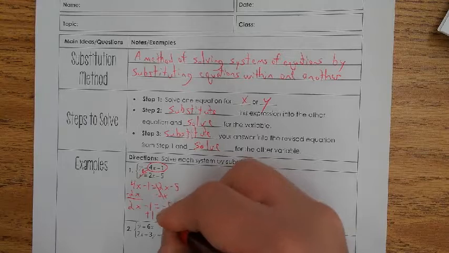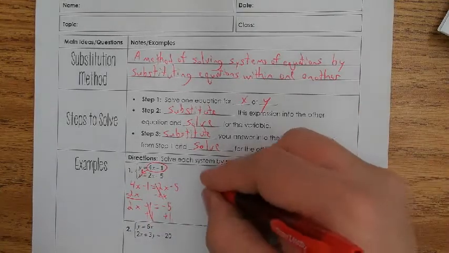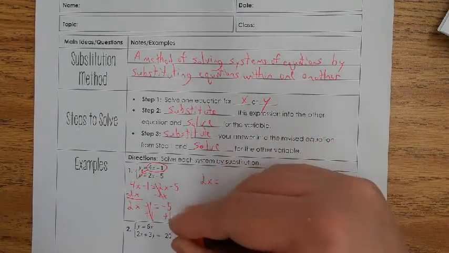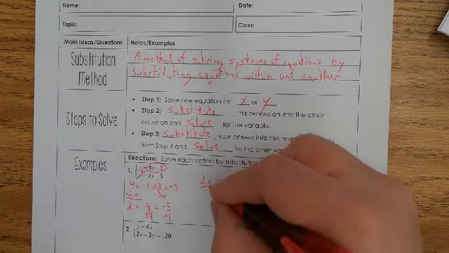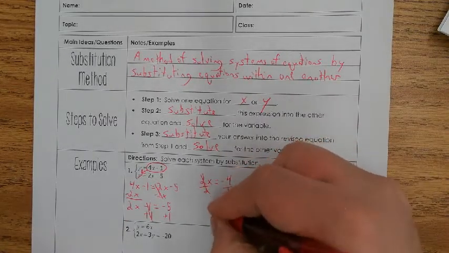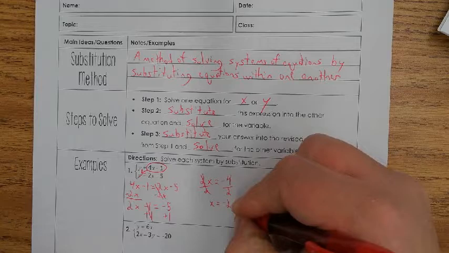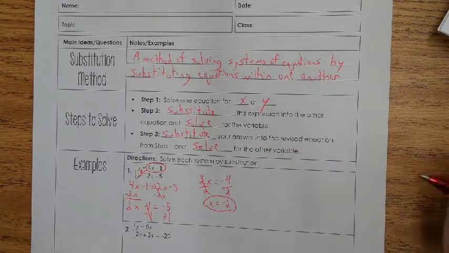Then add 1 on both sides, and you'll get 2x equals negative 5 plus 1, which is negative 4. Divide by 2, and x equals negative 2. So that's our first x value.